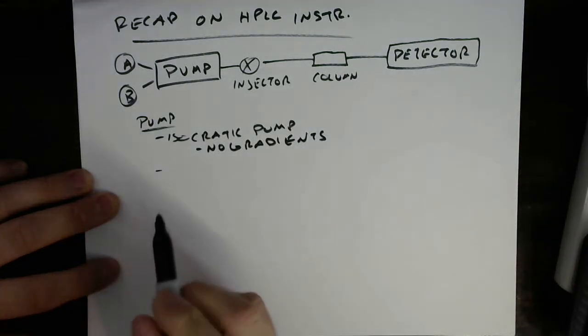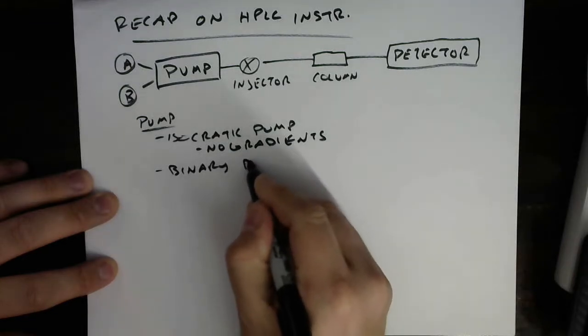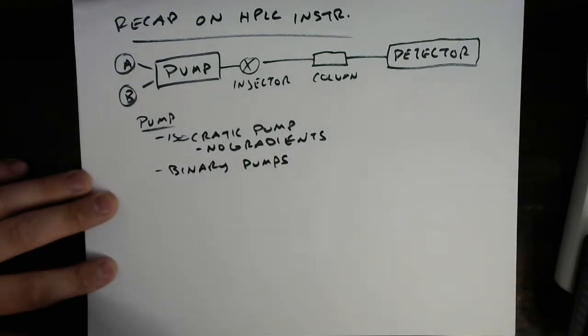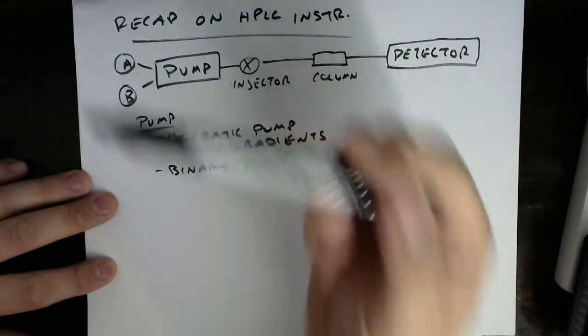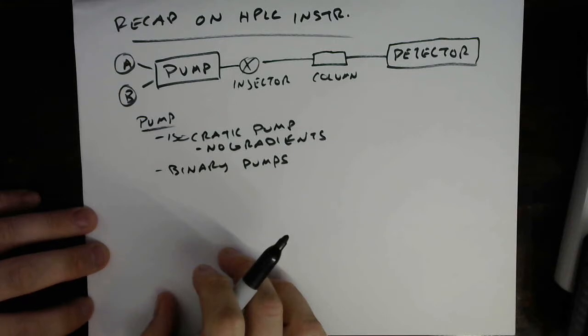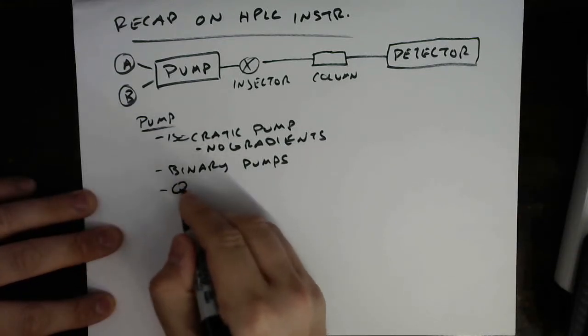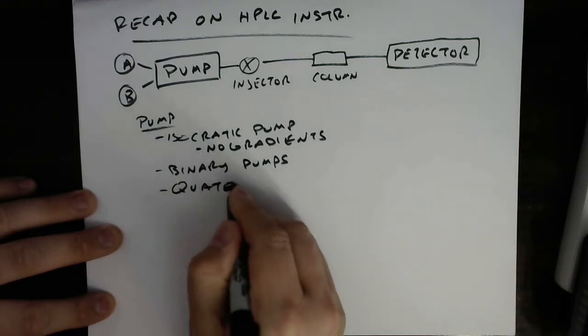But we've also seen binary pumps, which is essentially two isocratic pumps side by side, right? So the ability to send two mobile phases in various ratios so that we can achieve gradient elution. And then we've seen also the design of this thing called a quaternary pump.